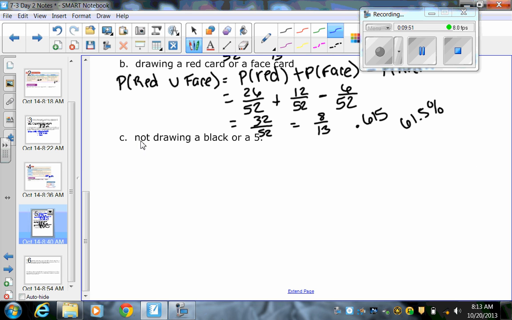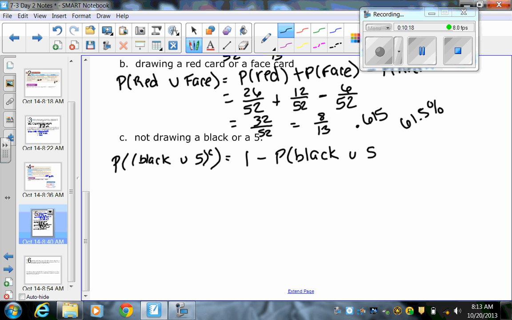What about not drawing a black or a 5? This is essentially asking you for the probability of the complement to black or 5, which we know is just going to be 1 minus the probability of a black or 5.